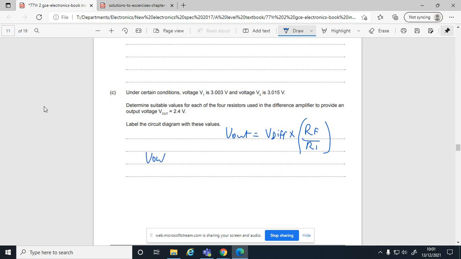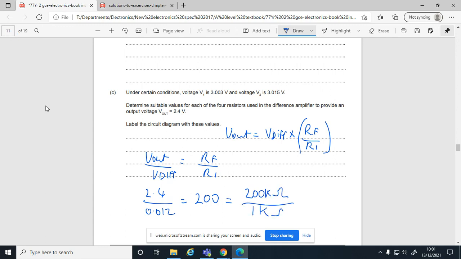So V out over V diff equals RF over R1. So in this particular case, 2.4 over the difference in voltage, which I'm just going to look up, say we use my calculator, 0.012 equals 200. So RF is 200k and R1 is 1k.